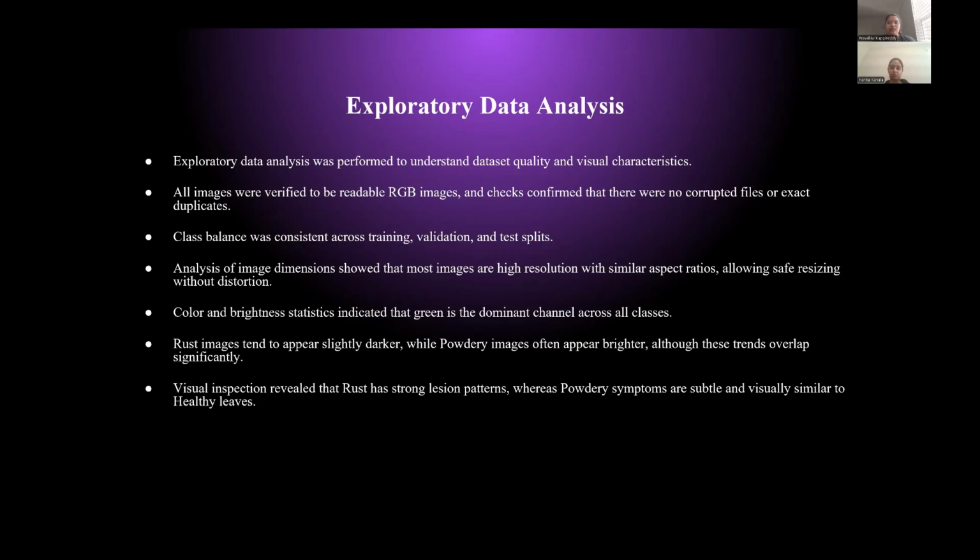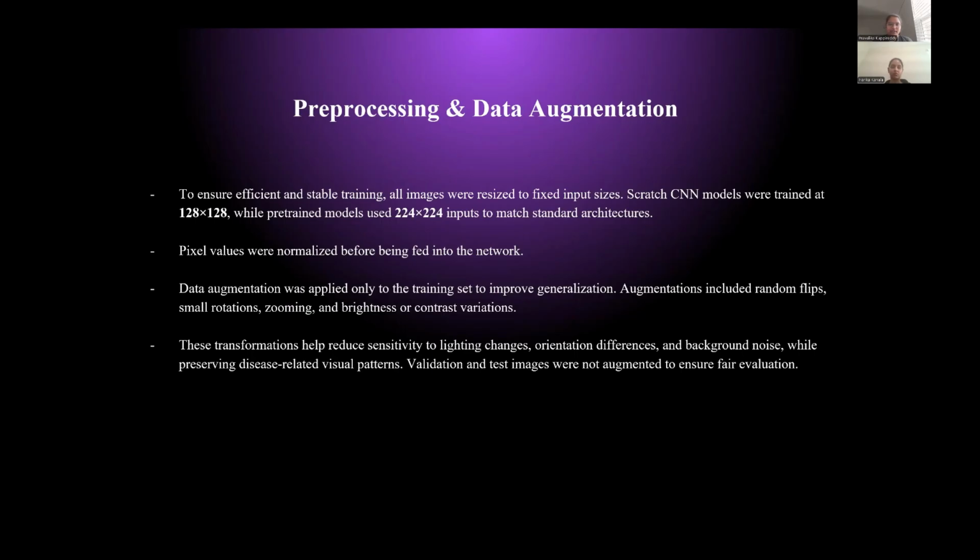Finally, what we observe from the EDA is that the rust images are very clear with the spots and everything. But when it comes to healthy and powdery images, the contrast and the shadows were overlapping with each other. So let's see how models can classify these and whether they're going to classify it correctly or not.